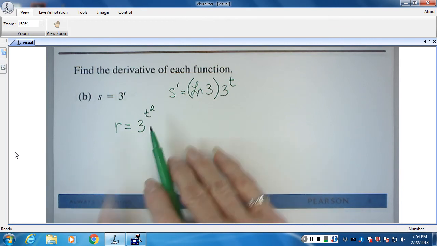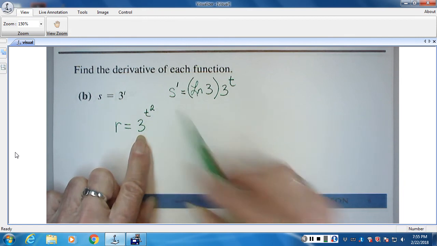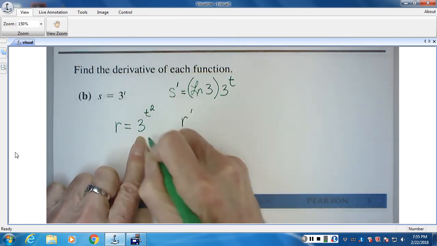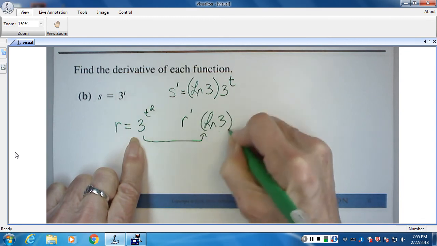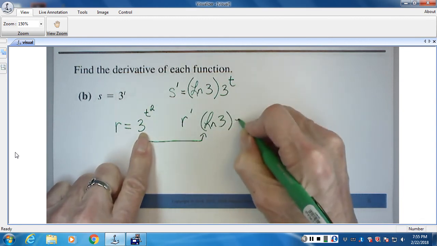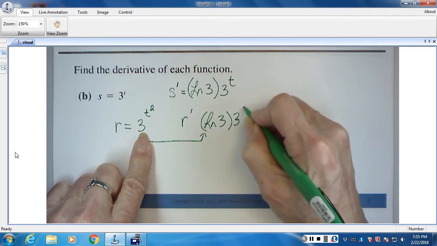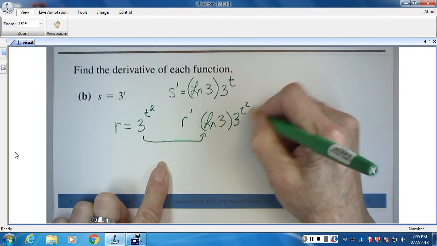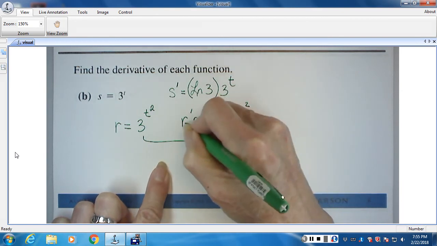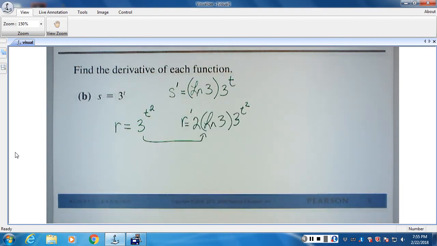So if r is equal to 3 raised to the t squared power, r prime is going to take 3, take the natural logarithm of it, keep the 3 to the t squared power, but because that's a t squared power, the derivative of the power is 2. You're really taking the derivative of the power every time. It's just that if all there is is the variable, the derivative of just the variable is 1. Okay?